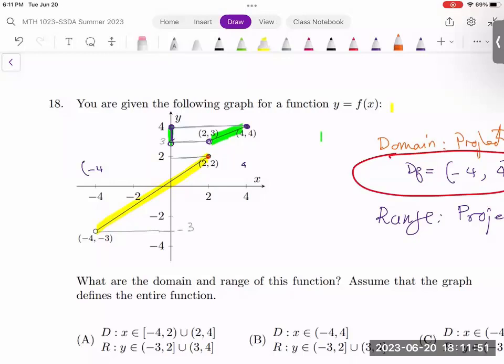Because this is closed, you're going to be closed over here. And this is open, so you're going to be open over here, right? And then everything else is shaded. This part here is shaded. So this is closed, this is open, and that's your interval, right?